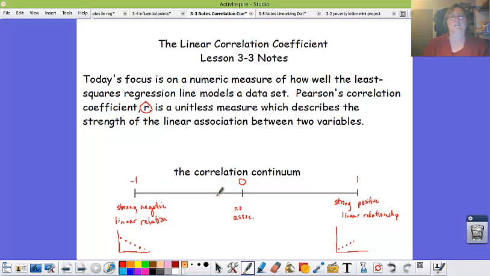If you are down here around, say, 0.2, relatively weak, right? A 0 means there's absolutely no correlation, and a scatter plot has to show no pattern, no linear pattern at all. Okay. You probably are familiar with the value of r. I believe that you talked about that in your Algebra 2 classes.